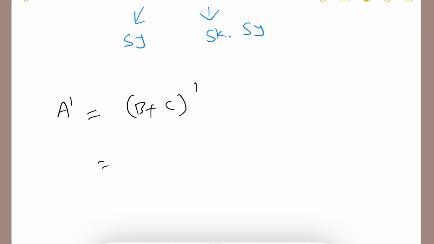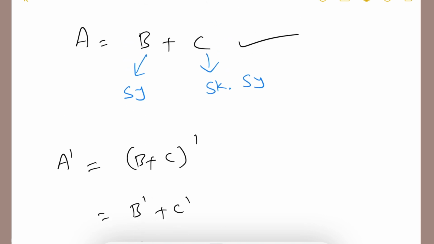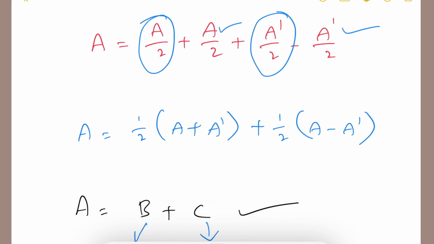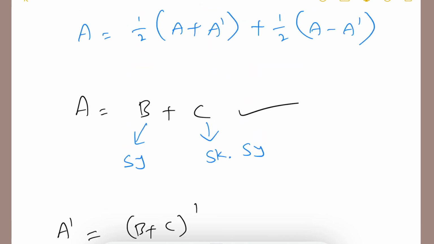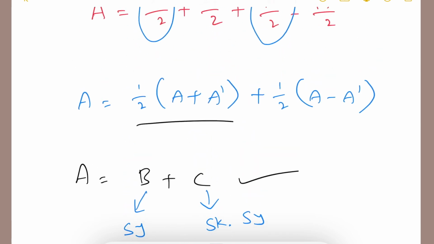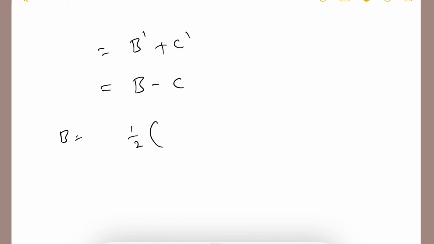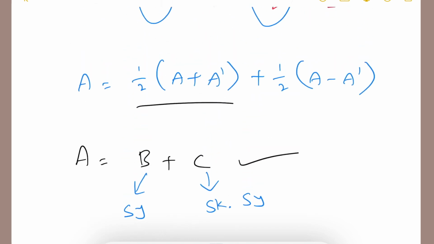So this B plus C whole transpose can be written as B transpose plus C transpose, that is exactly equal to B minus C. Now we need to write what the B value is and what the C value is. So B is equal to half into A plus A transpose, and matrix C is equal to half into the second term, A minus A transpose.